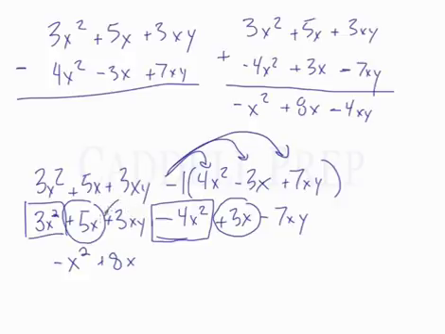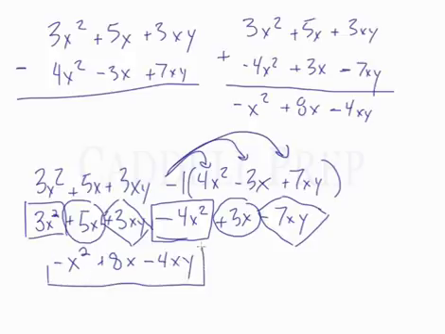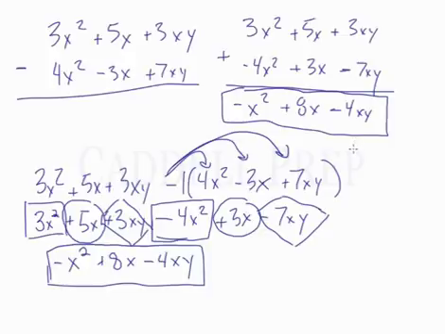And then lastly, the positive 3xy and the negative 7xy. When we add those, we get negative 4xy. Okay, let's look at our answers. And we see that they're both the same.